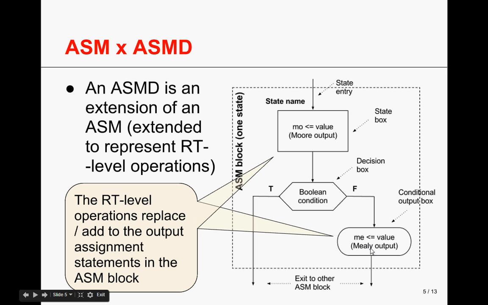Conditional output boxes are used to represent the Mealy outputs involved in the circuit, and their existence is optional, as I have just said. They may or may not exist, and actually there may be more than one decision box and more than one Mealy output box.